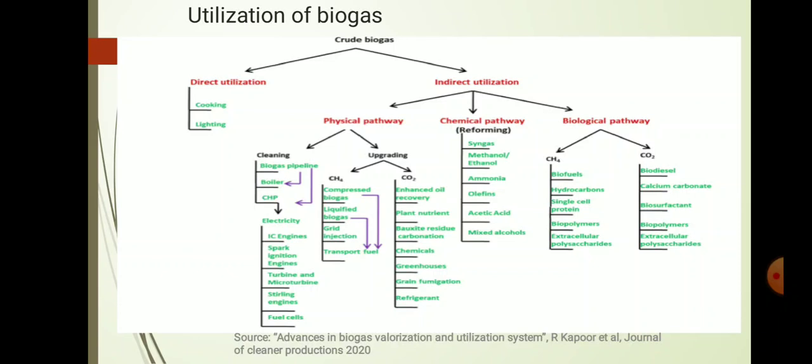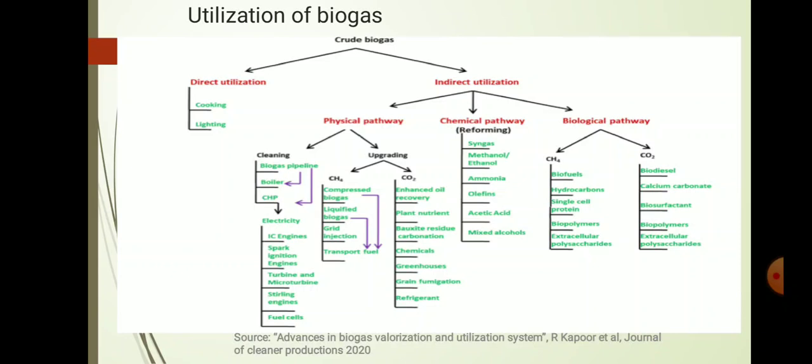But we have other, indirect utilization, and for indirect utilization we can have physical, chemical and biological classification. What is the physical classification? In the physical classification, we just clean the biogas.